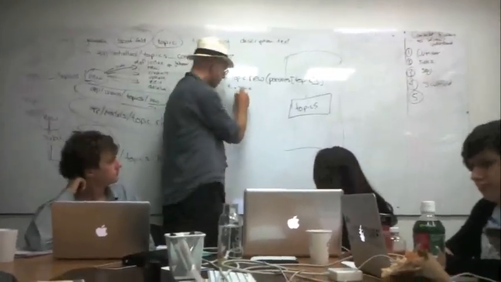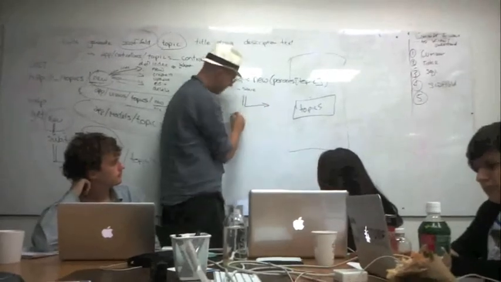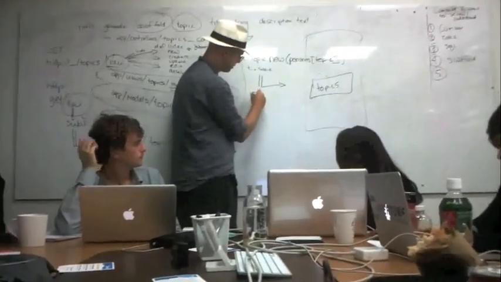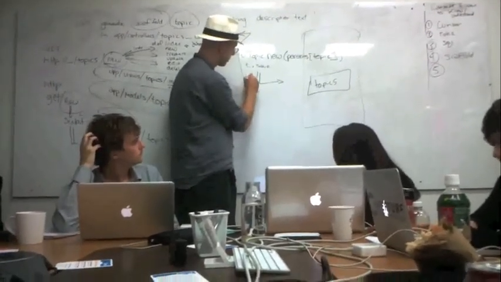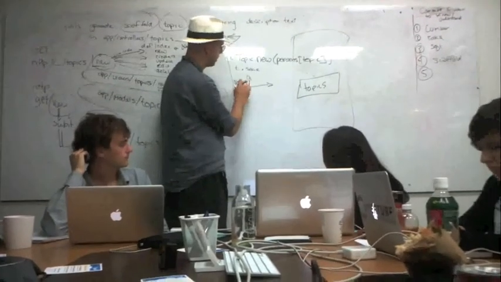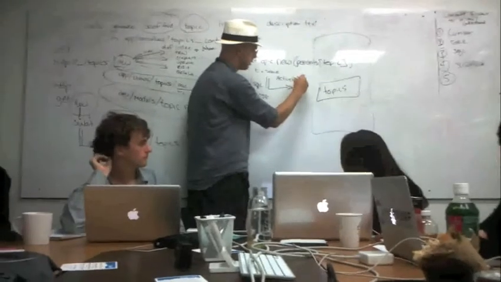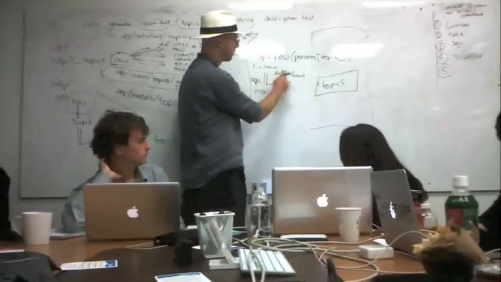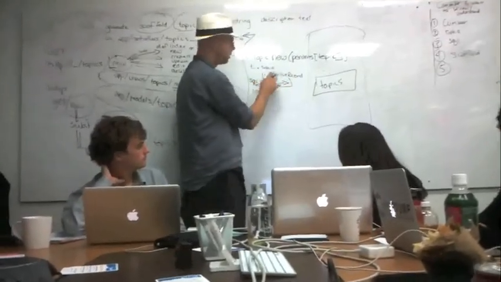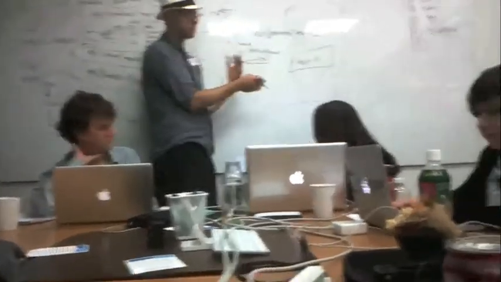So we do save, and what that does is an insert. The model in Rails uses something called active record. And active record speaks a language that the database speaks, SQL.